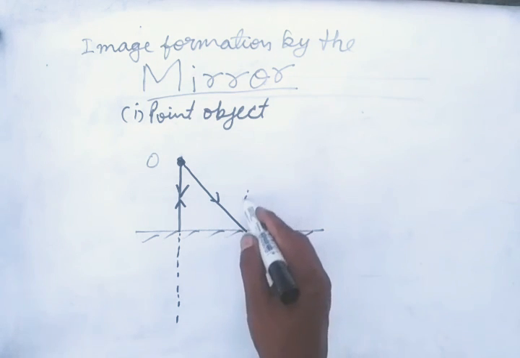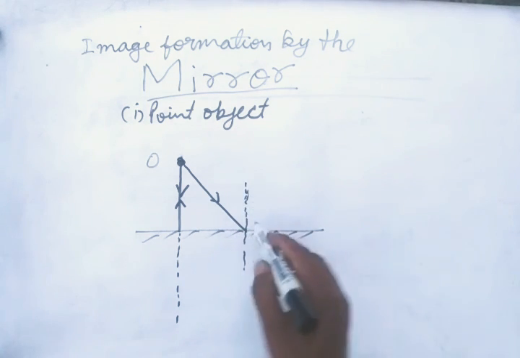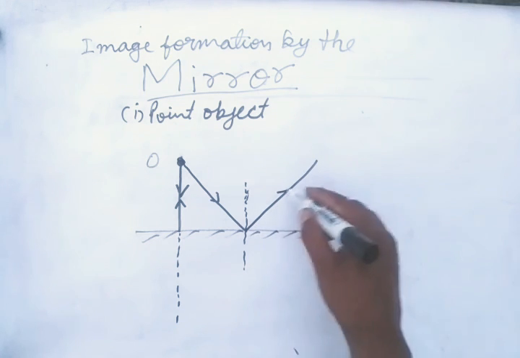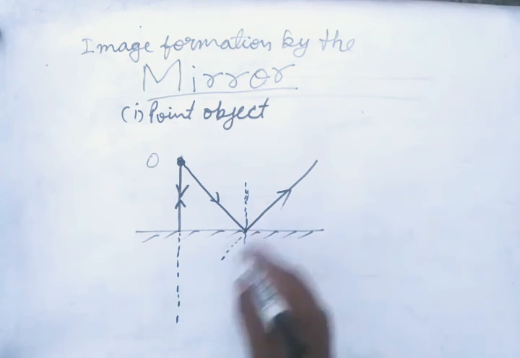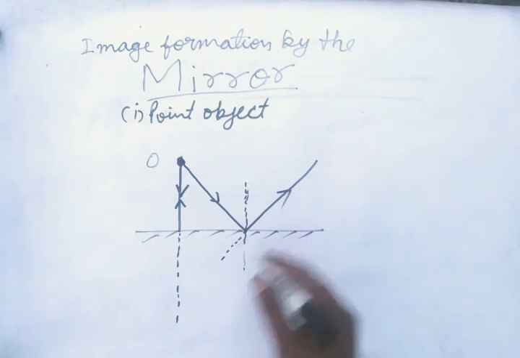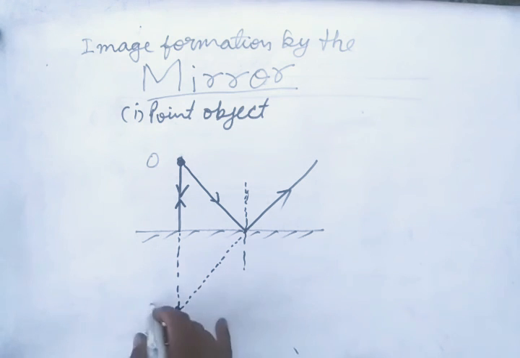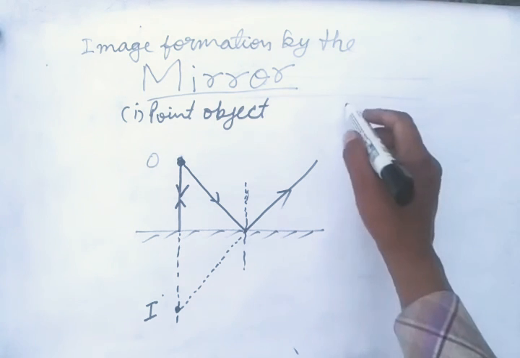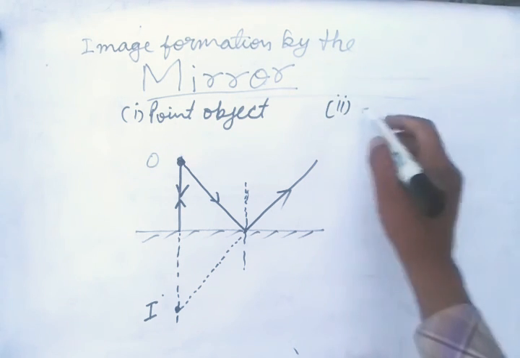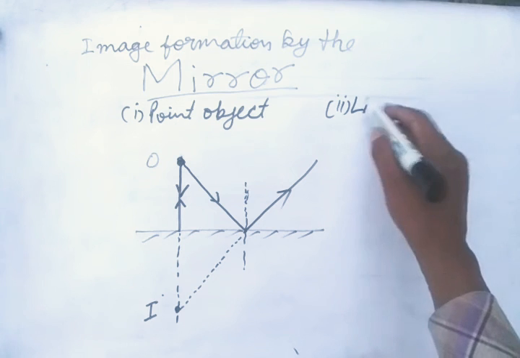So here we will once again apply the law of reflection. It will get reflected, and if we observe this, it will appear like it is coming from along this direction. So here we will find I, that is the image. This is all about a point object, but what if we have some linear object?